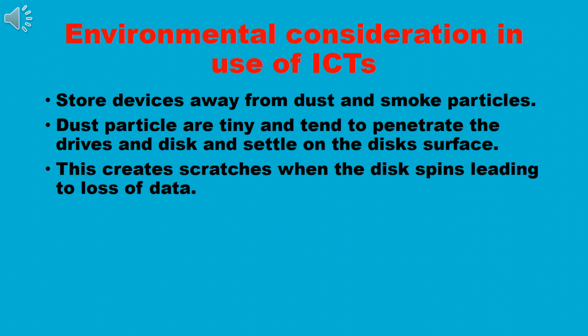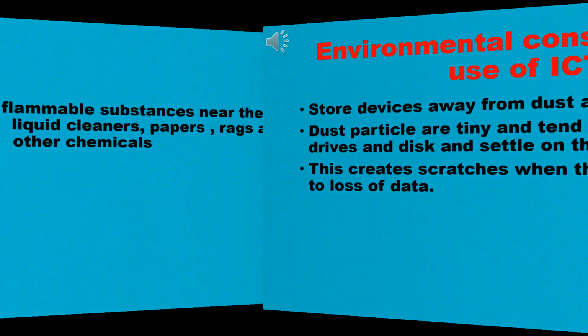Environmental consideration in use of ICTs. Store devices away from dust and smoke particles. Dust particles are tiny and tend to penetrate the drives and disk and settle on the disk's surface. This creates scratches when the disk spins, leading to loss of data.